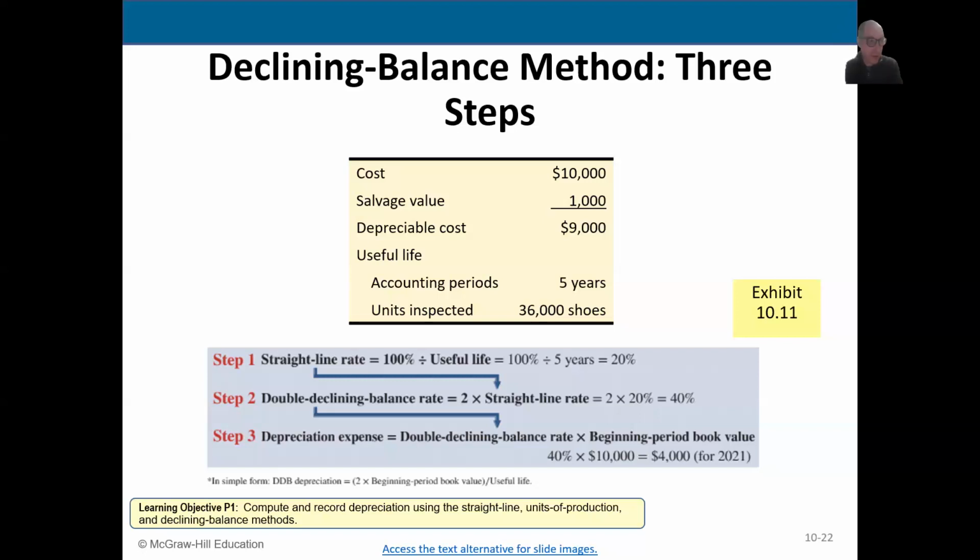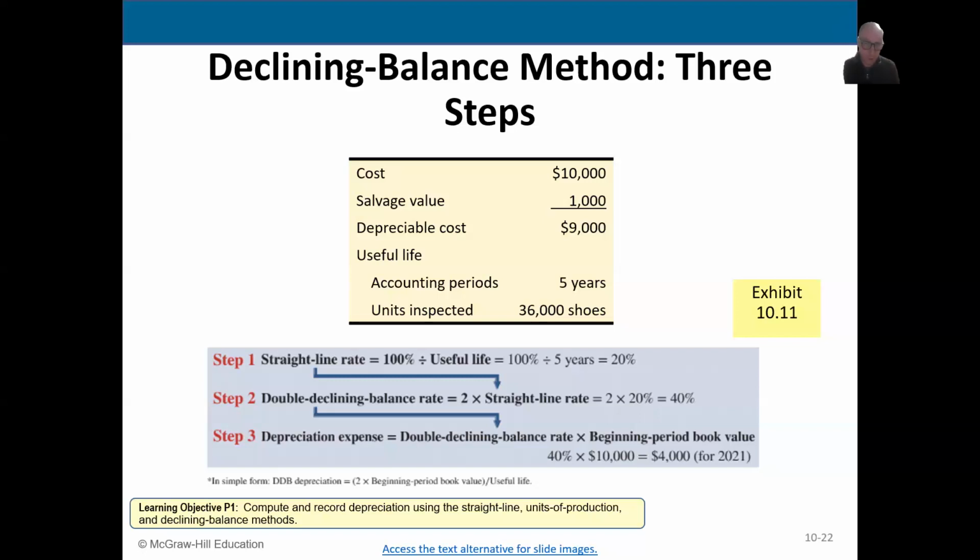We take 100% and divide by its useful life. So 100% divided by useful life, in this case 5, is 20%. That's how we found the 20% from earlier. So 20% useful life, straight line rate.